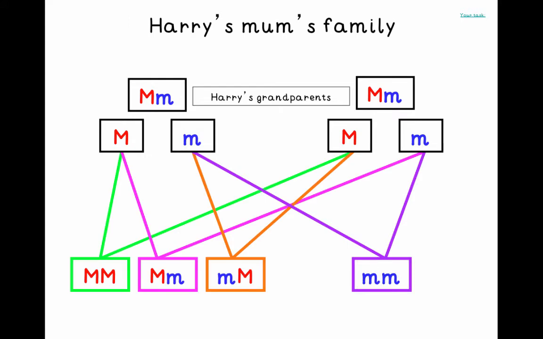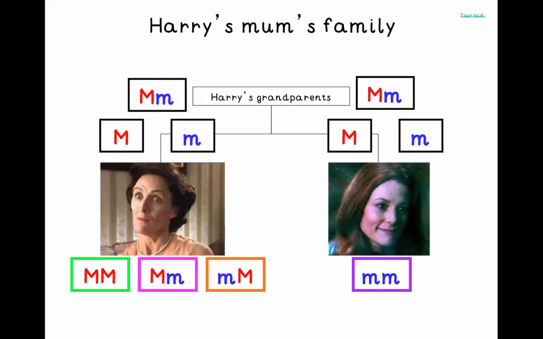Here are all of the possibilities. Now we can easily see in here that if there is even one single dominant one, the recessive will never be expressed. This could be all of the genotypes for Aunt Petunia. However, Harry's mother, Lily, would necessarily have to have the two recessive genes for her to express the magical ability.